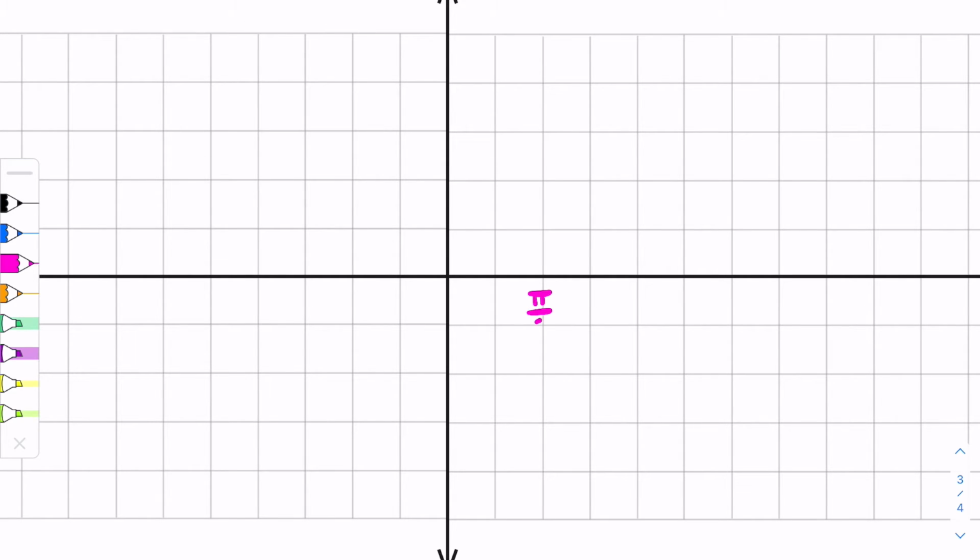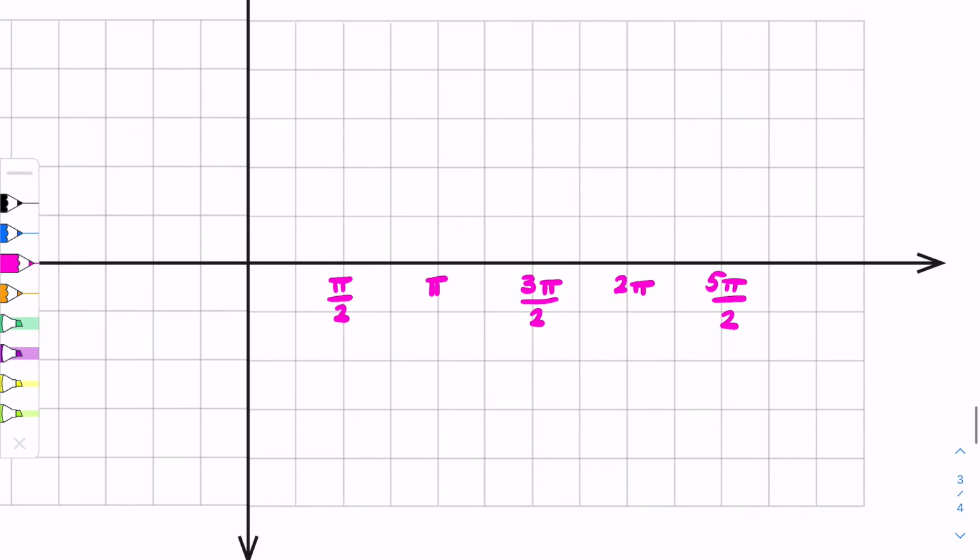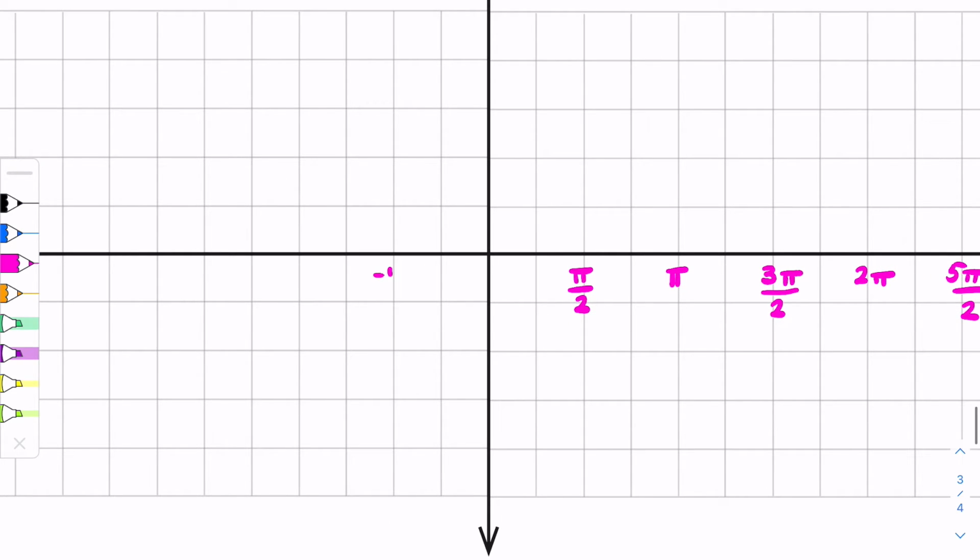I have pi over 2, plus pi over 2 is pi. Plus pi over 2 again is 3 pi over 2. Plus pi over 2 would be 2 pi. And then 5 pi over 2. And then 3 pi. If I label this in the negative direction, it goes as so.